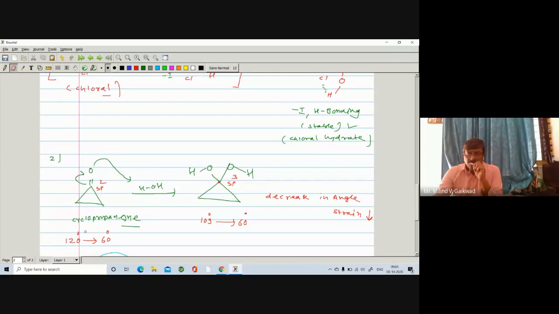So there is an angle strain, but in this case the internal bond angle should be 109 because it is sp3 hybridized. So means there is a decrease in the angle strain.